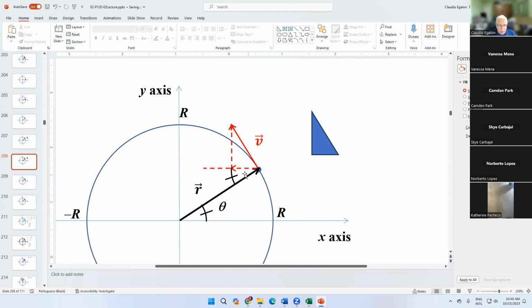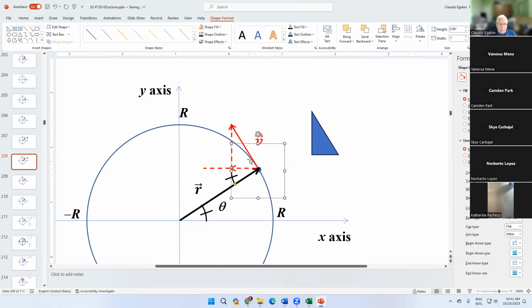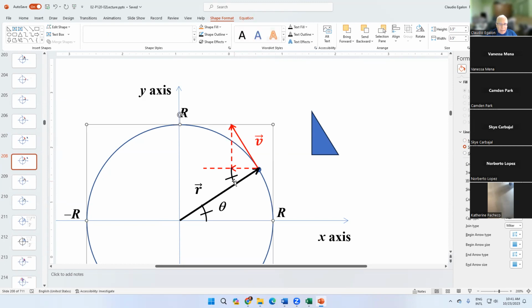Okay. Now, if this angle is theta and this angle is 90 degrees, right? This angle here is going to be 90 minus theta. Everybody agree with that? This one must be 90 minus theta. Okay? And if this one is 90 minus theta and this one is theta and 90, then this one here must be theta.